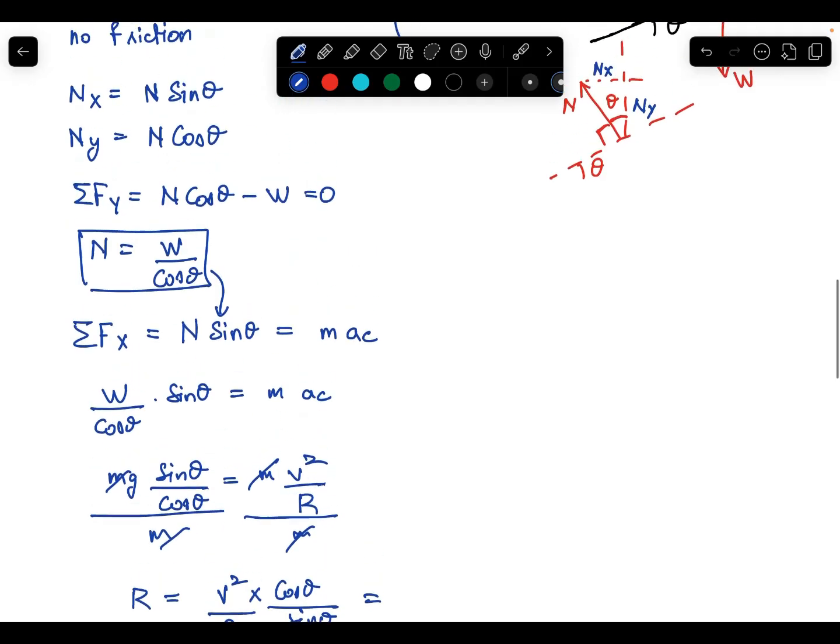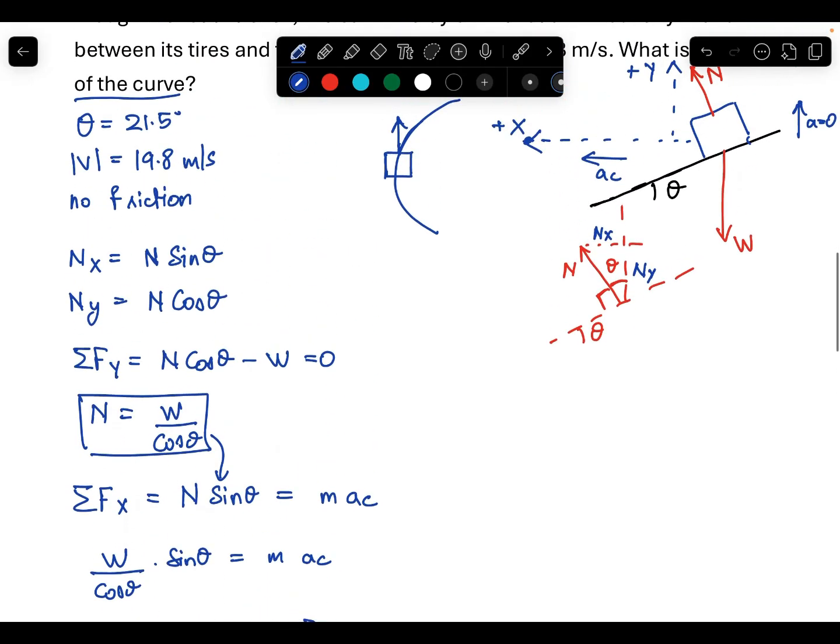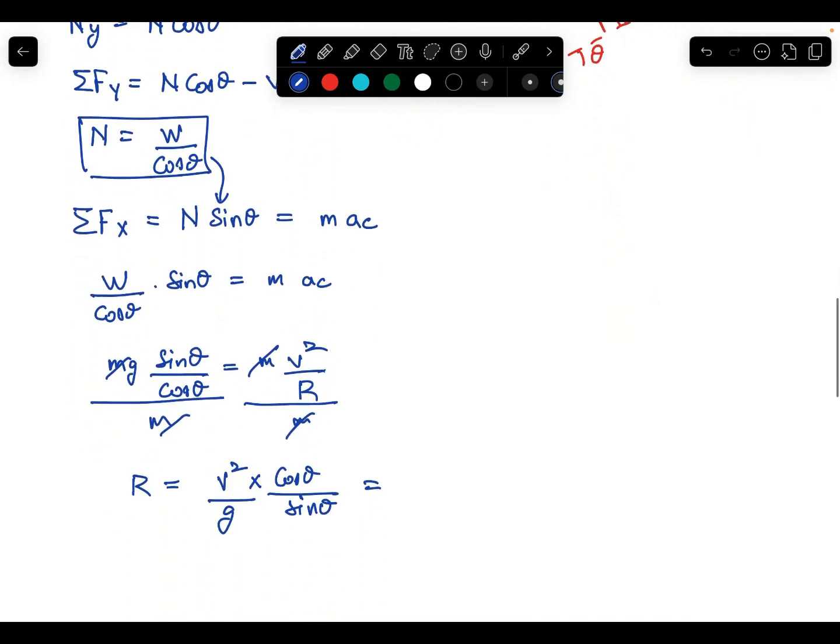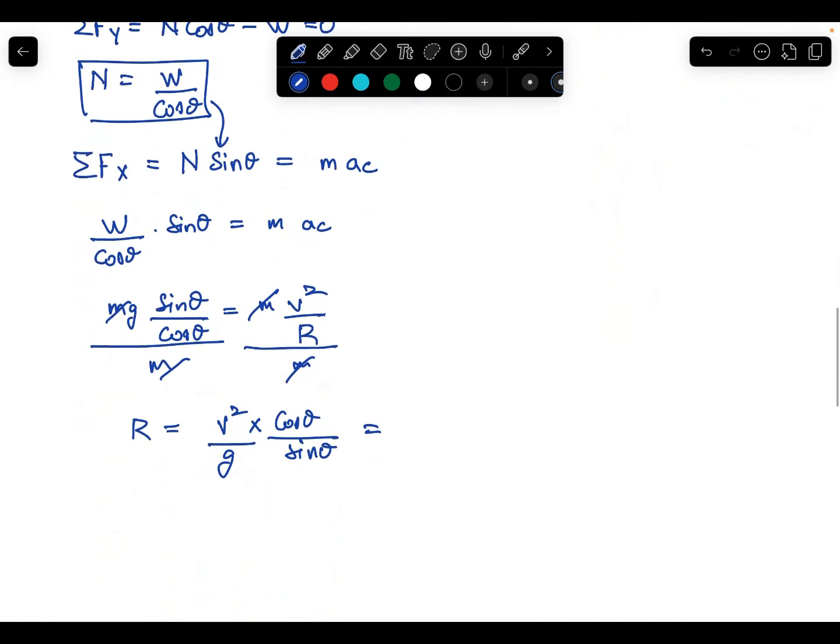So calculating this, 19.8 squared, I get something around 98 meters.